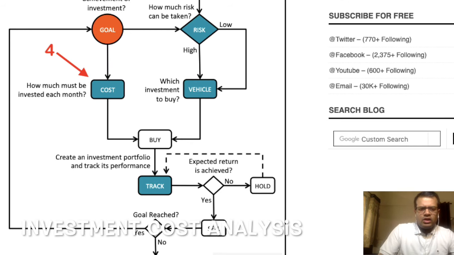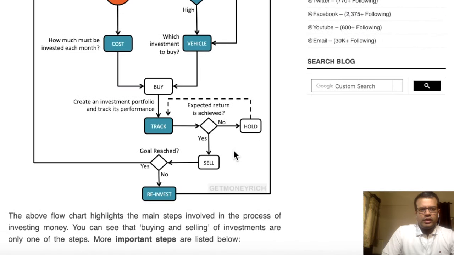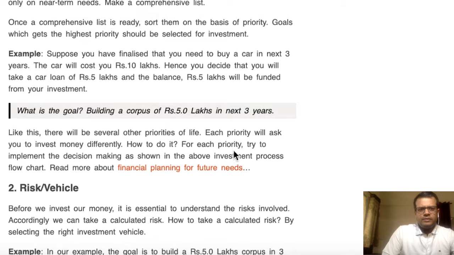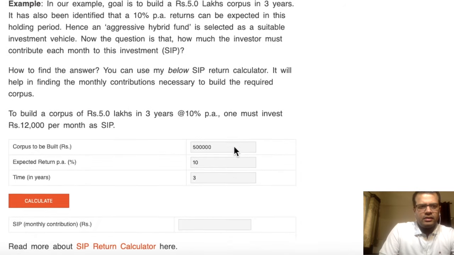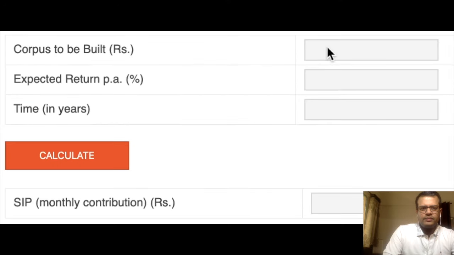I have a small calculator in my blog. Just scroll down, go to this calculator and type your expected investment corpus, 5 lakh rupees. Your expected return was 12% and your time horizon was 3 years.